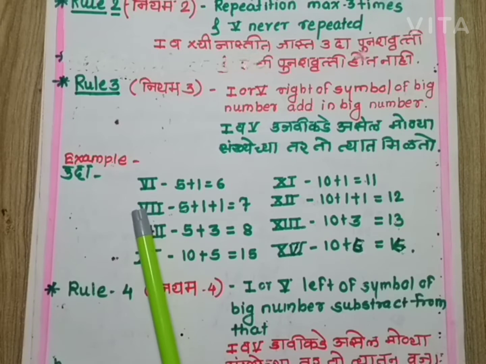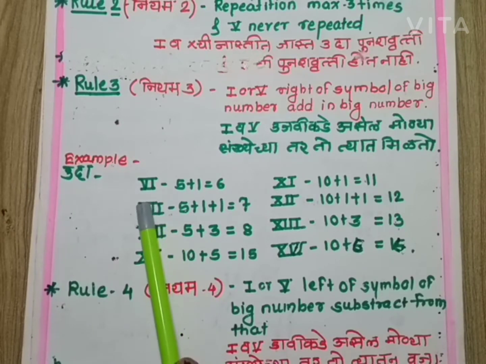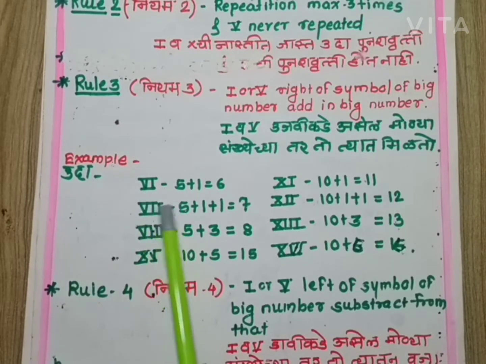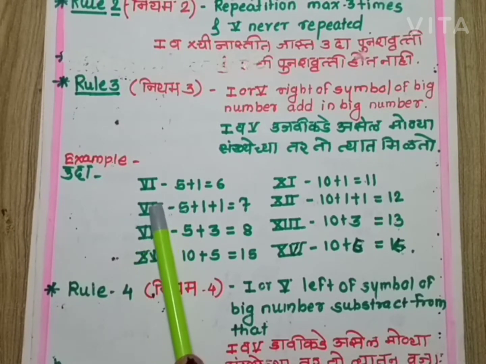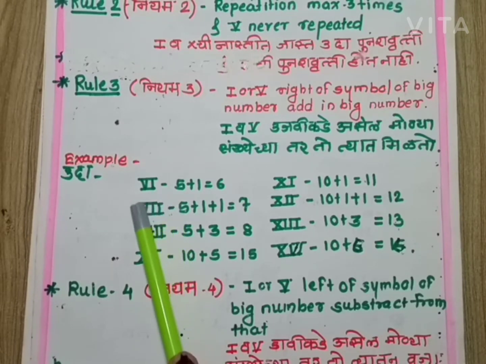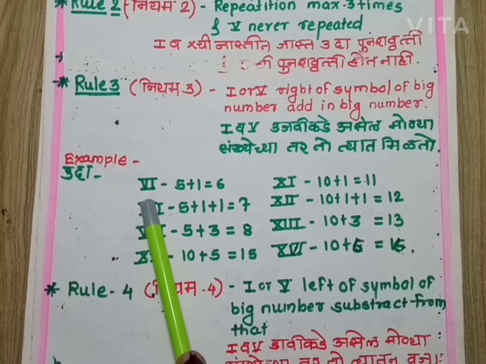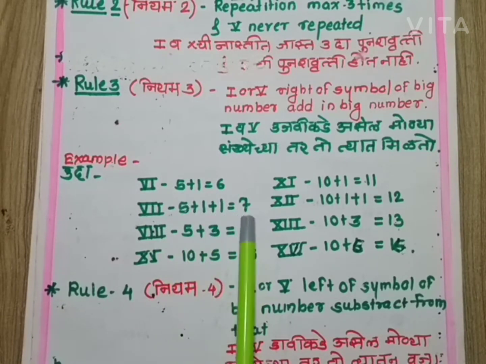We know that 5 is greater than 2. Therefore, this double I is on the right side of the v, so its value gets added to the value of v. v gives value 5, this gives 1, this gives 1, and they get added, which gives a value 7.